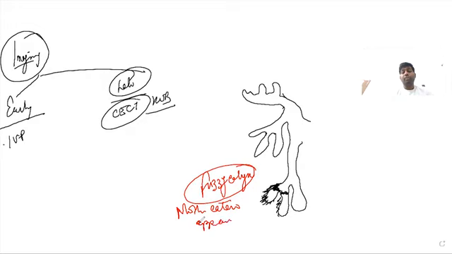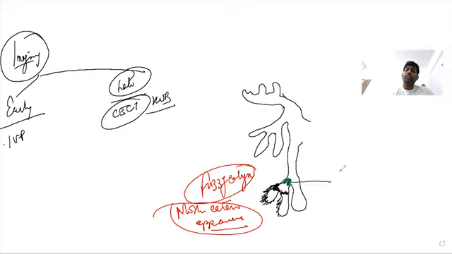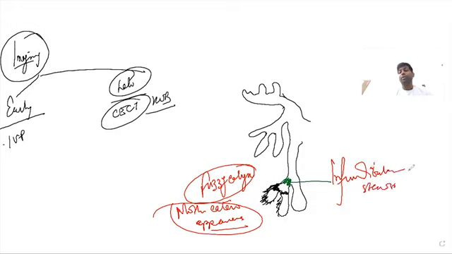Now, the persistent fibrosis will lead to narrowing of this whole thing, and this is known as infundibular stenosis. Now, what happens if this persists?